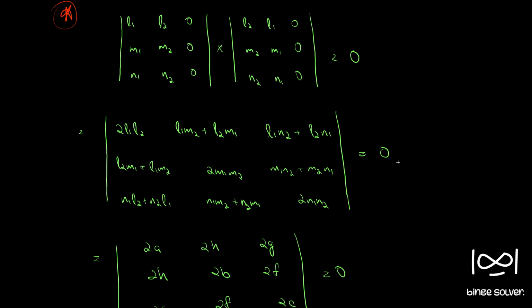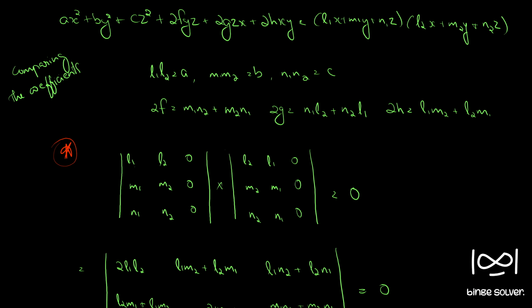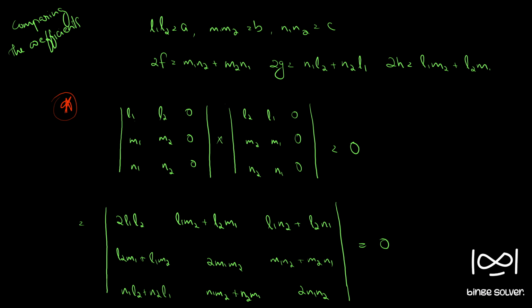If you open up the determinant using the rule for the product of two determinants, you will get this, and once you get this, all the terms can be substituted into a, b, c, and f, g, h. So we substituted everything using this and these equations.